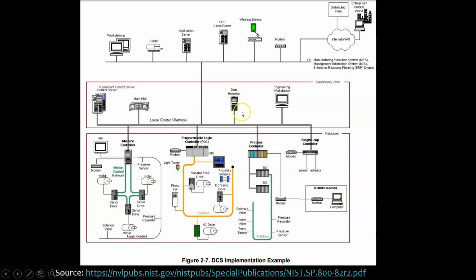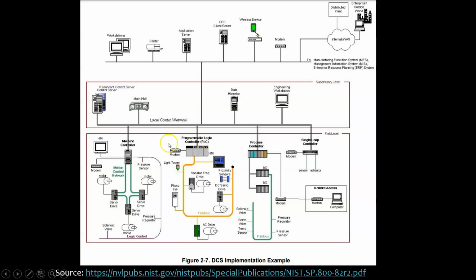There are data historians that keep a log of what is happening in this supervisory level. There are HMIs, there are control servers, all of this in the supervisory level, and these supervisory systems are actually managing multiple subordinates or multiple subcomponents, okay?